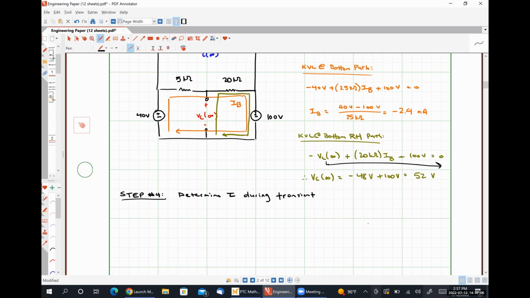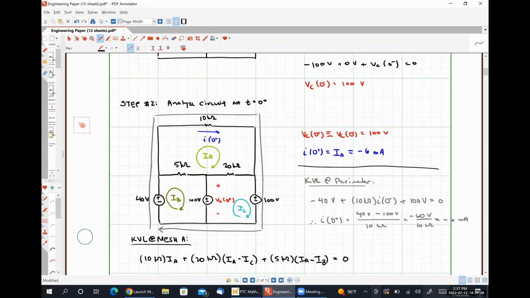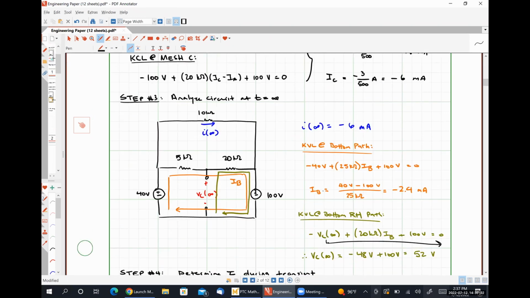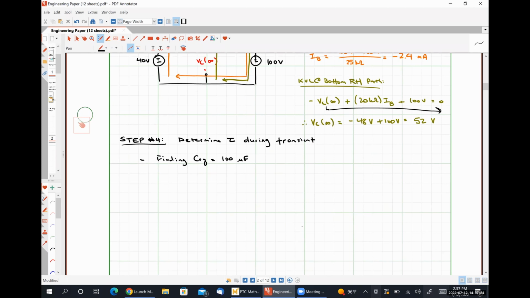So that is going to involve finding CEQ, which, since there's only one capacitor in the circuit, I feel like that's pretty straightforward. This should be 100 microfarads, if that is the correct value of the capacitor from the problem statement. It looks like I have remembered it correctly. Then we're going to have to find REQ.